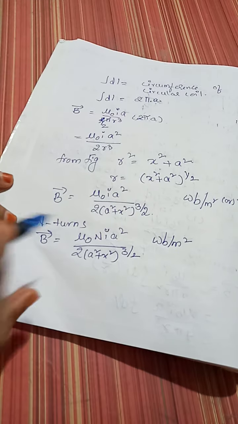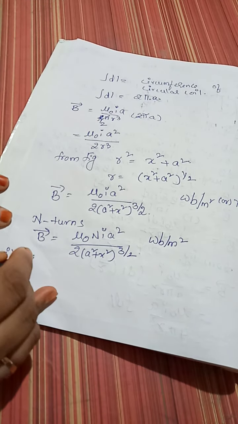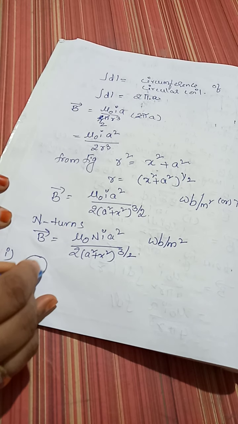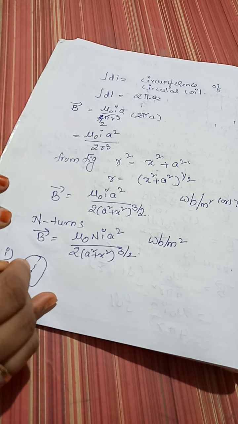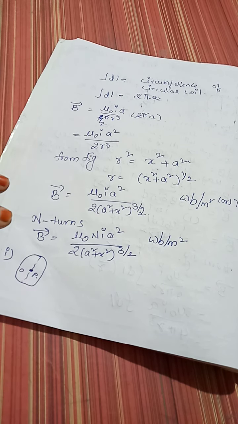Now let us consider the cases. The first case is when the point lies at the center of the circular coil.